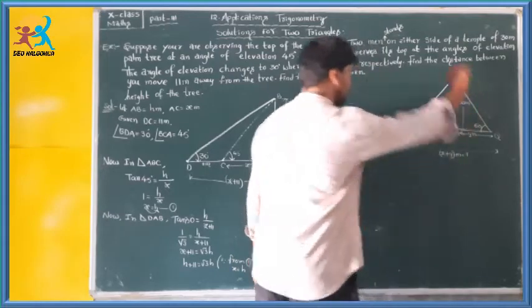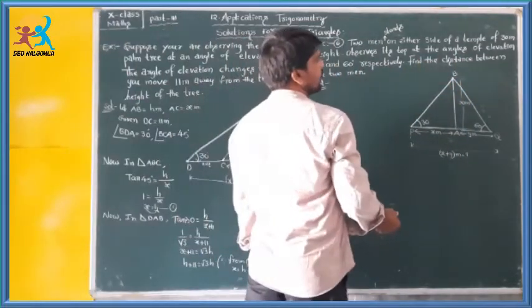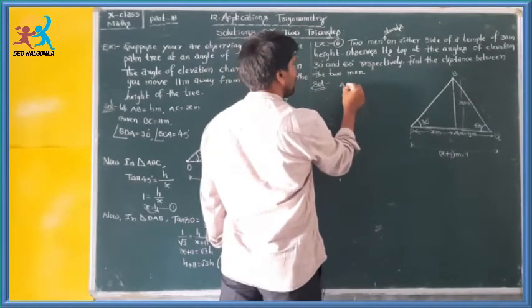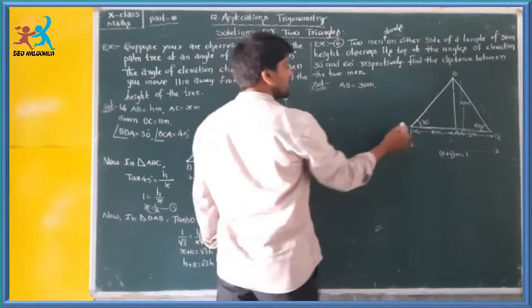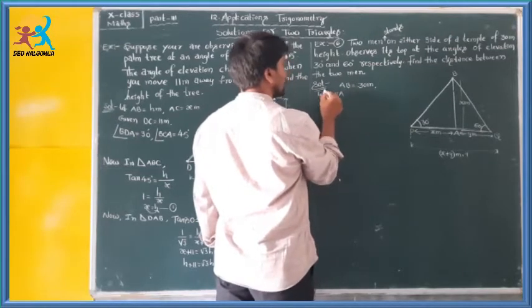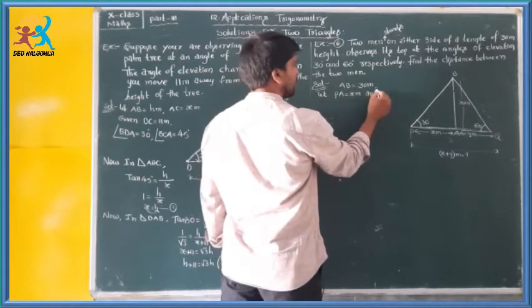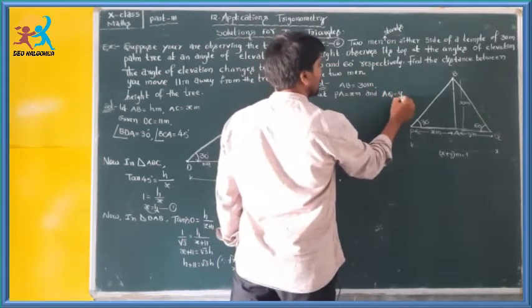What is the given information in the question? AB is a temple of height 30 meters and P is the observation point, and let PA equal x meters and AQ equal y meters.